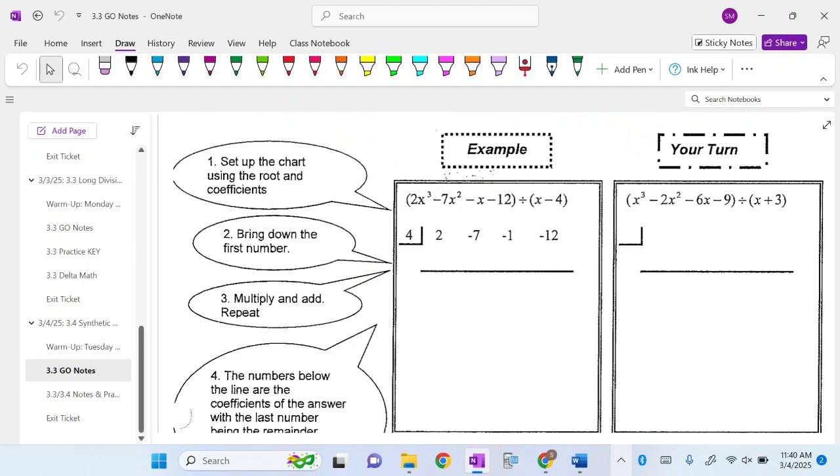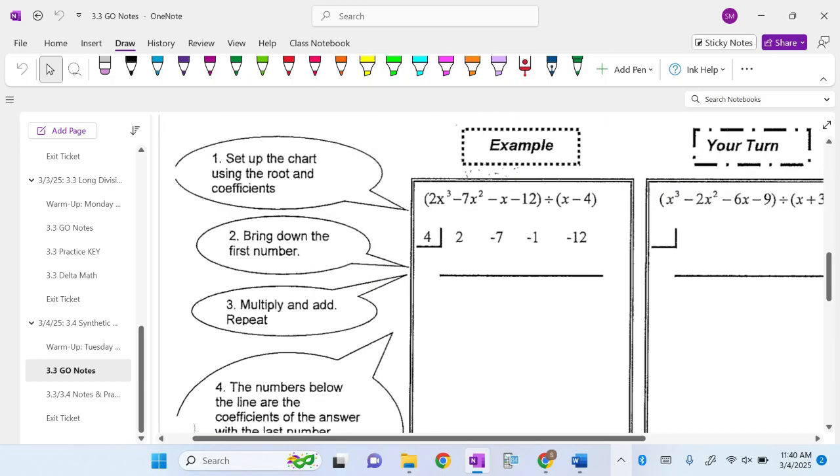However, the one catch with synthetic division is it only works in certain cases. So you cannot do synthetic division for every polynomial division problem you're thrown. You can always do long division for any polynomial division problem, but synthetic division has to meet certain criteria. All right.